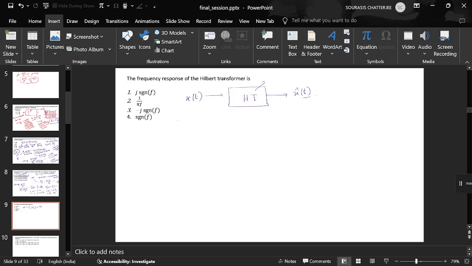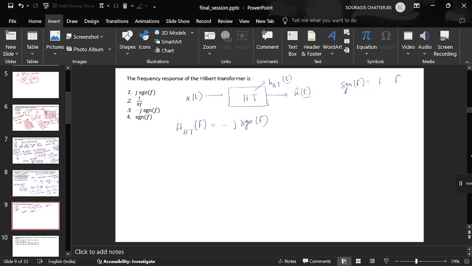So if I denote the impulse response as h(t), H(f), which is the Fourier transform of it, is given as minus j sign f, where sign f basically can take essentially two values.